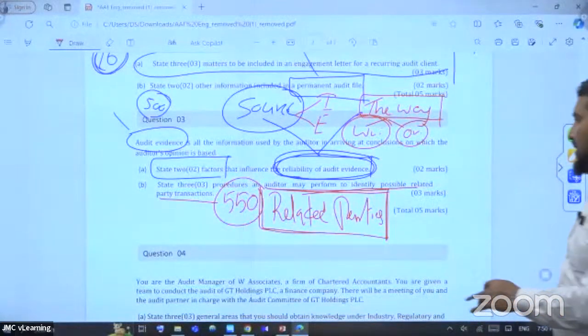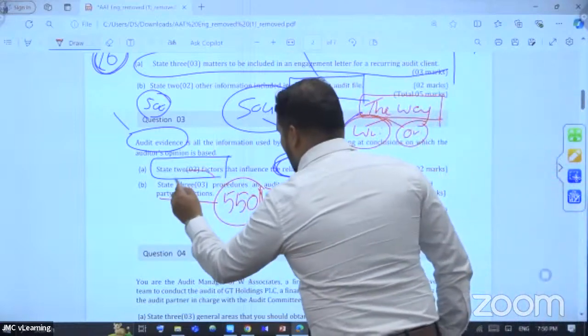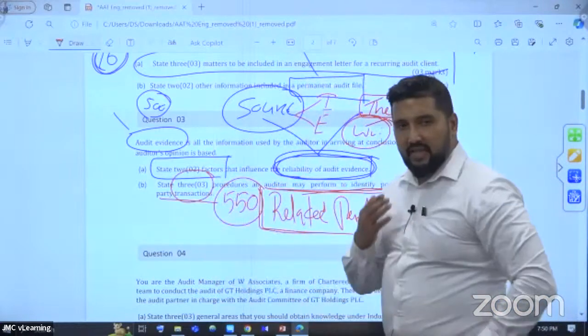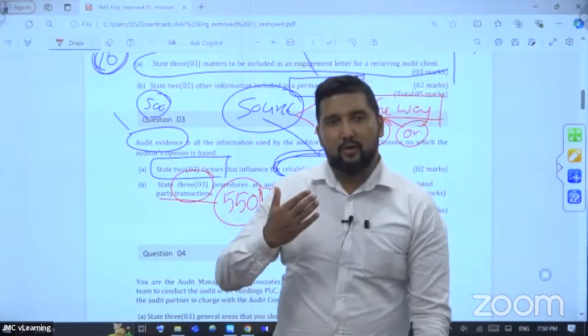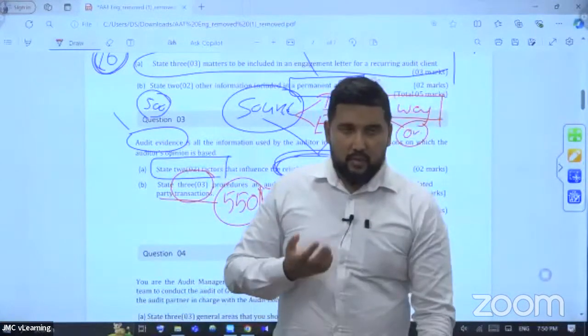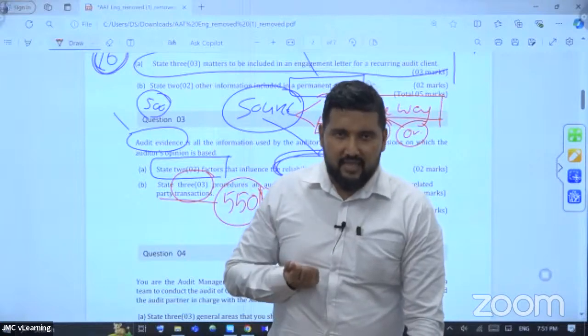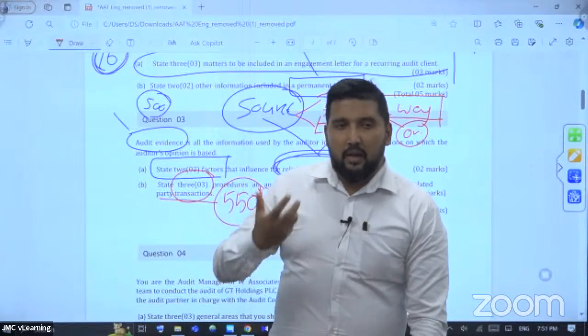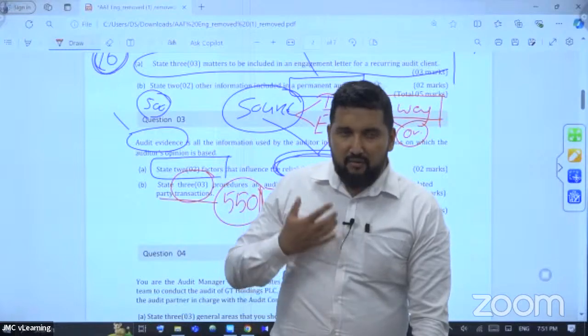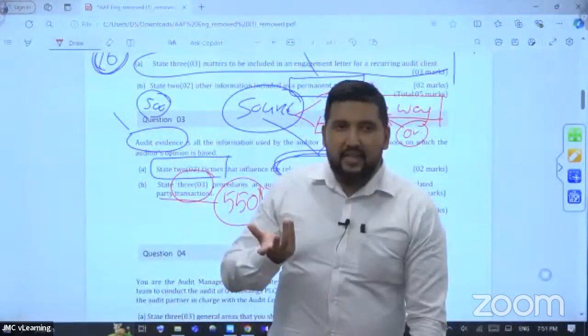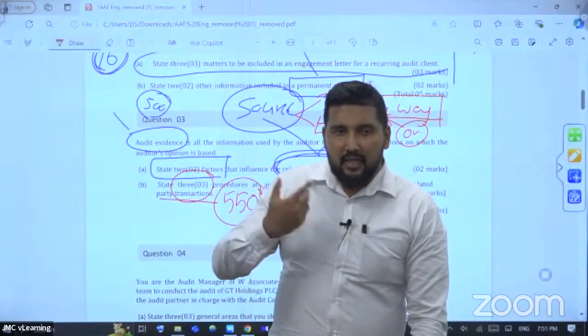Out of those procedures, you need to state 3. For example, number 1, as an auditor, you need to obtain an in-depth understanding with regard to related parties and related party transactions. Number 2, when you are inspecting and vouching documents, high attention needs to be devoted to the related party transactions.